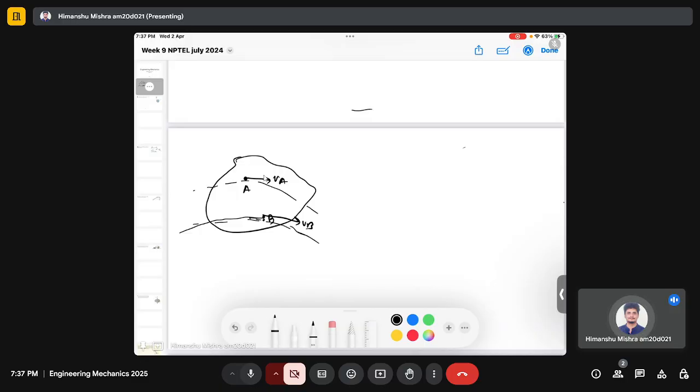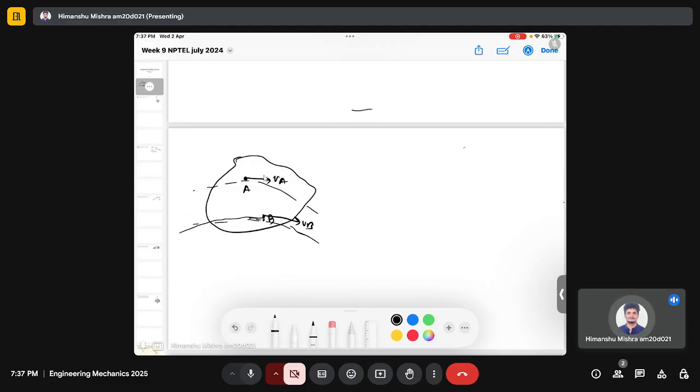So you can actually visualize this motion as a pure rotational motion. Even though points A and B have some translation velocity, which means they are moving, having some translation motion, despite this, you can actually visualize this motion as a pure rotational motion.